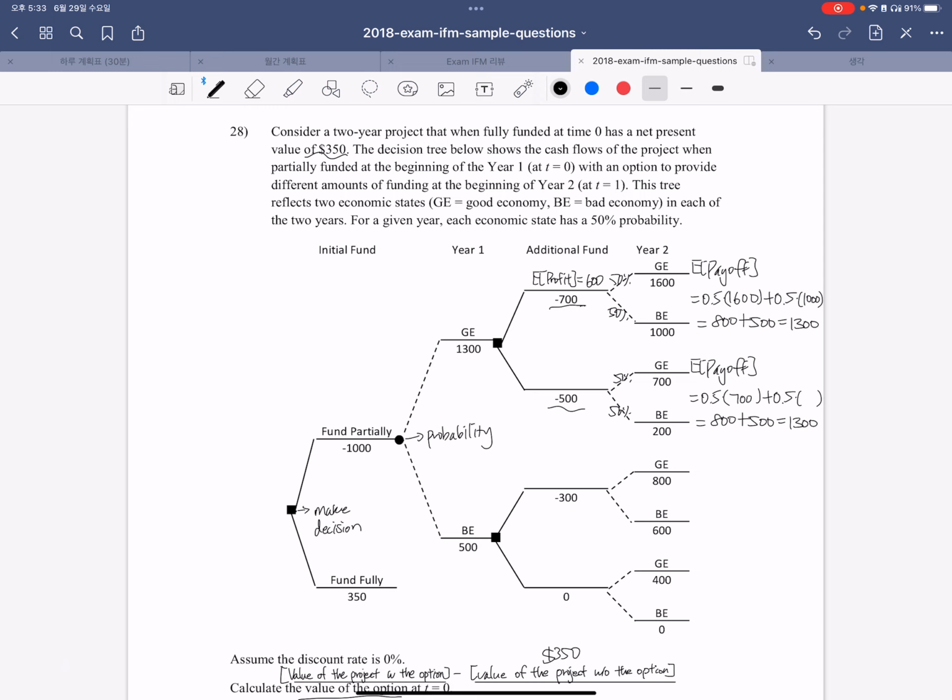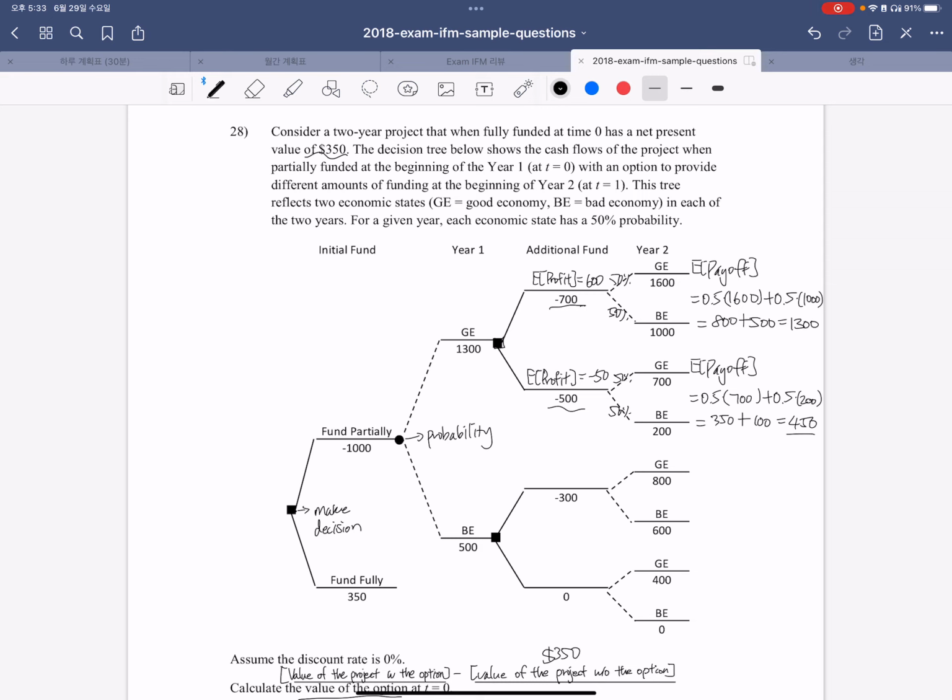And when the economy is bad, the payoff would be 200. When we calculate this, it would be 350 plus 100, which is 450. And as we funded with $500, we have to subtract 500 from 450. So expected profit would be negative 50.